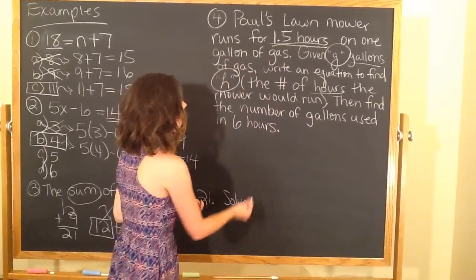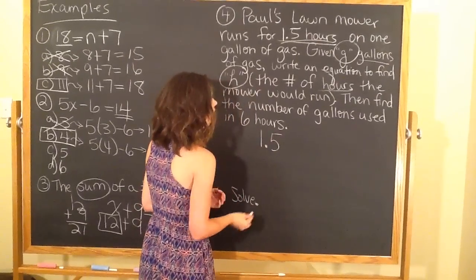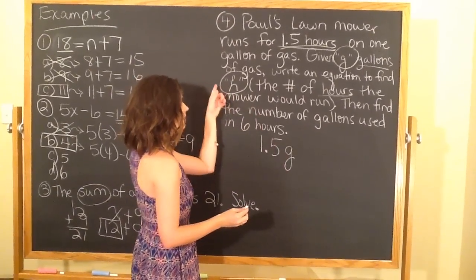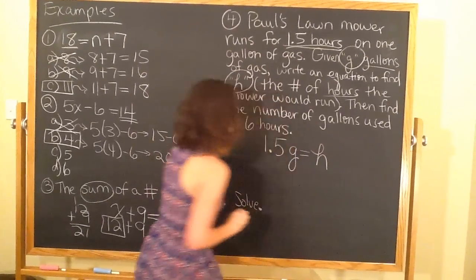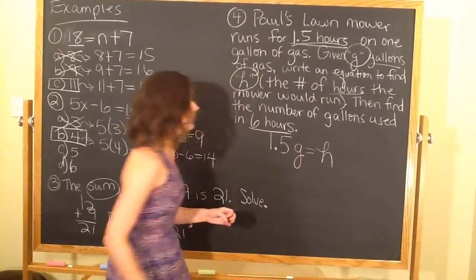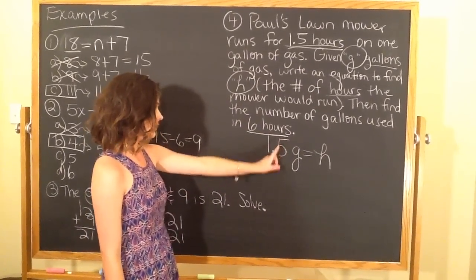So I know that I'm going to have to multiply 1.5 times the number of gallons to figure out how many hours we're going to get. Now we are going to have to plug in 6 hours. They want us to figure out how many gallons we are going to use with 6 hours.